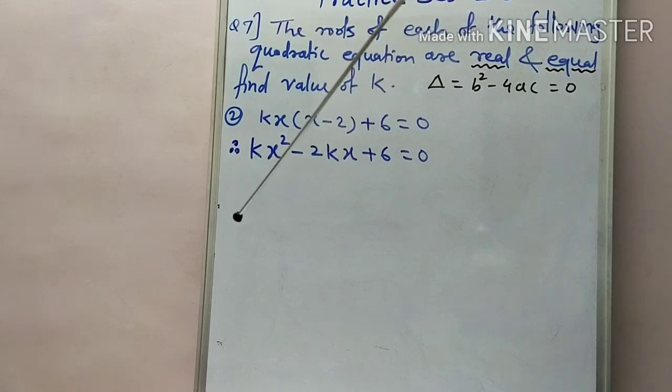We find out the values of a, b and c, and using this condition that b square minus 4ac equal to 0, we get an equation in terms of what? K, and we simplify that equation, and then we find out the value of k. Okay, so pay attention here students.